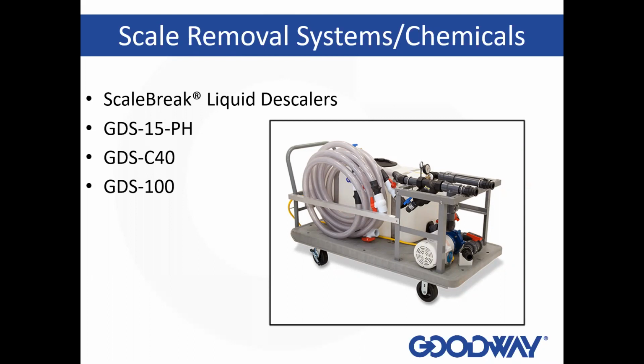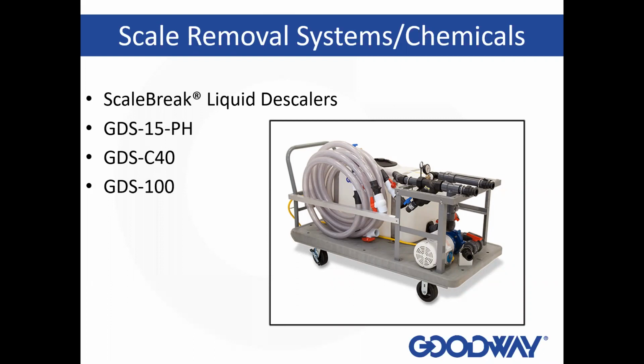For the most part, everybody had the same answer: well, we got this submersible pump and we throw it into a plastic drum, and we cut some holes in it and we rig up some hoses and we get it going, and it does the job, except next week when we have to go out and do it again, somebody has to rebuild the pump or buy a new pump because it's shot from sitting in the acid for so long, and it's just generally not a really safe or efficient way of descaling.